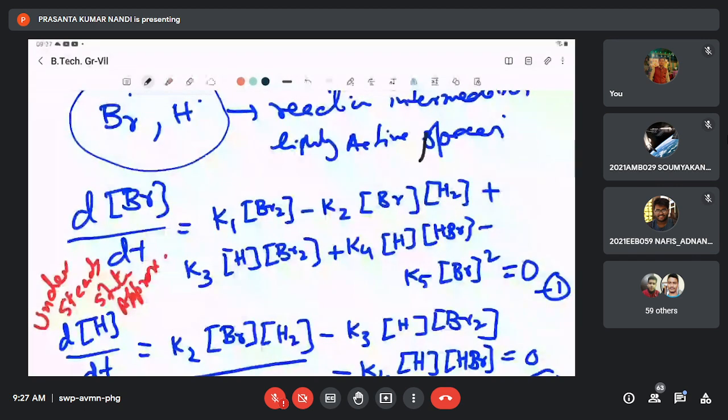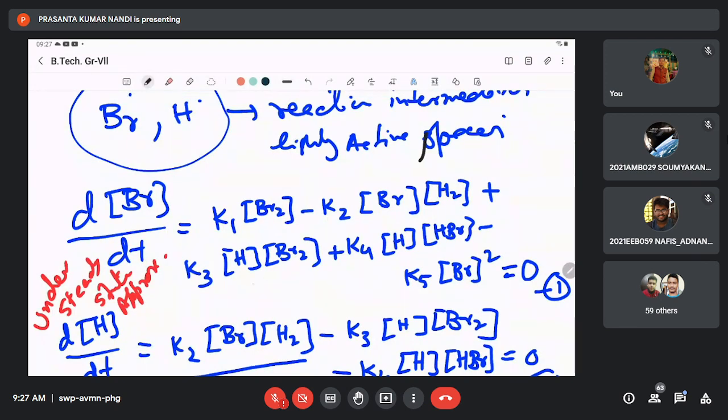Plus, in the third step, you see hydrogen free radical reacts with bromine to produce HBr and Br free radical. Right? So we can write like this in the third step, because H and Br2 react to produce HBr plus Br dot.